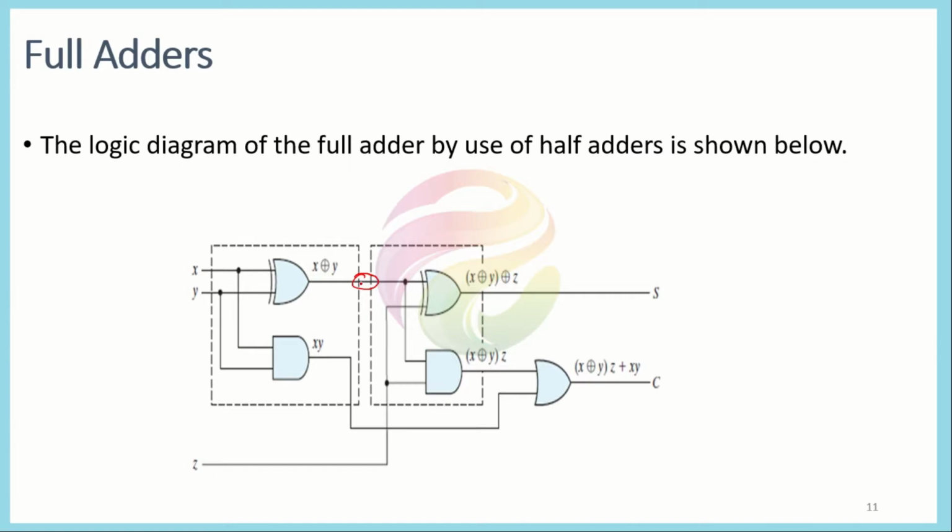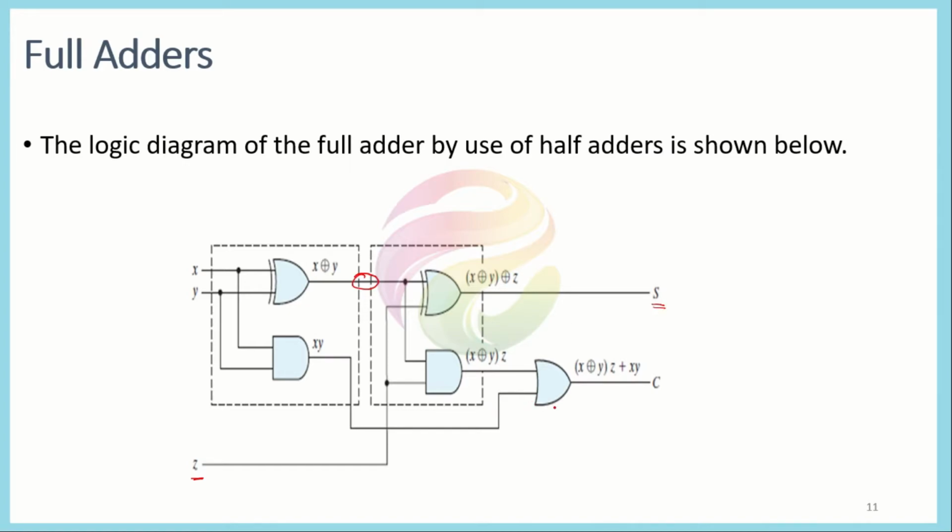This result is fed into the input of the other half adder, and the next input to it is the third input, the Z variable. This gives us the final sum as X exclusive OR Y exclusive OR Z. So in this way we get the sum here.